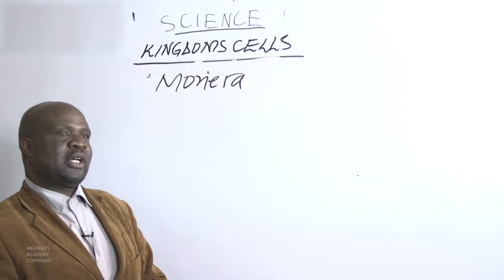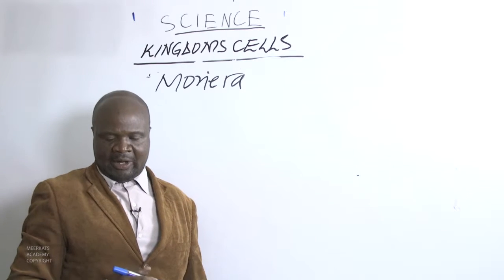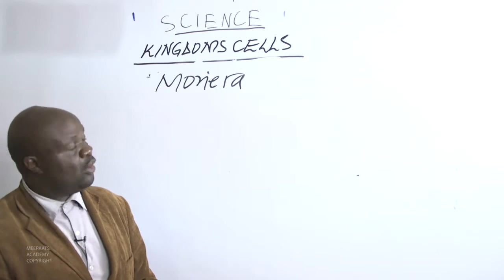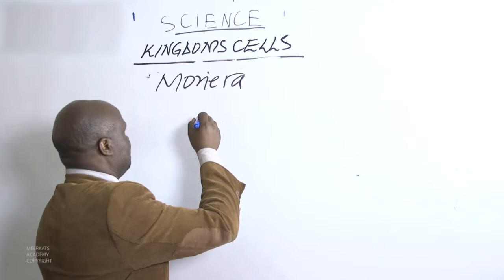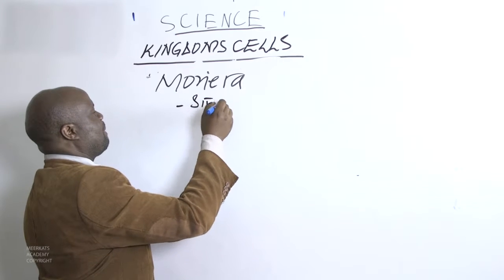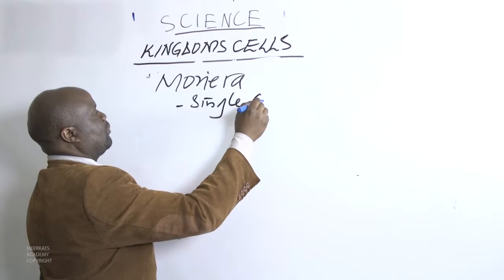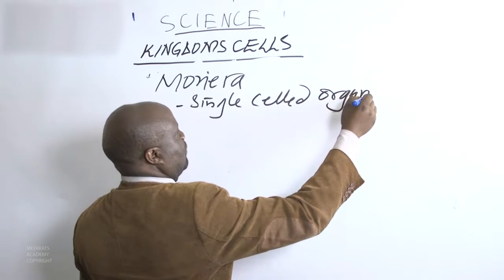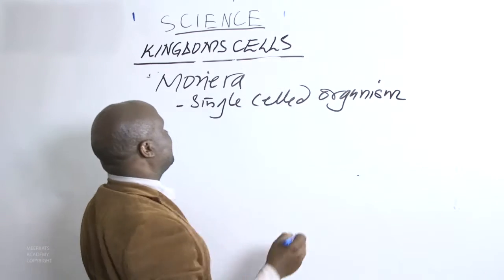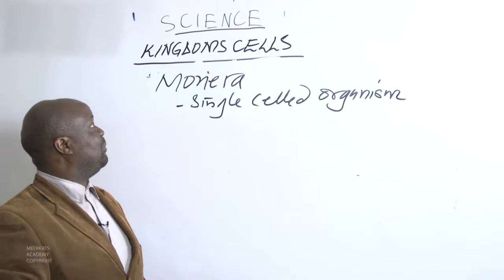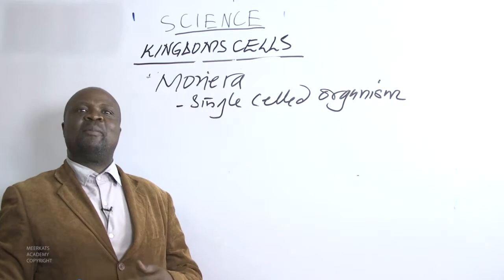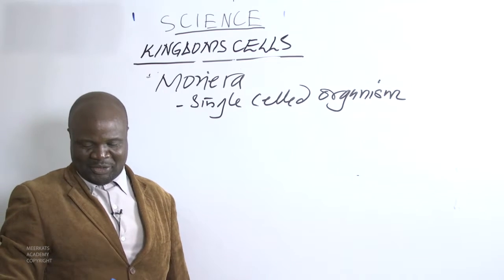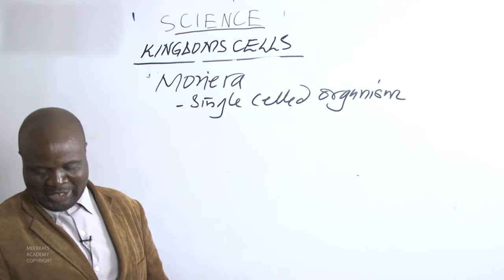One important characteristic is that they are single-celled organisms. They are made up of only one cell, not two or three, just one cell. They are so tiny you cannot see them with your naked eyes.